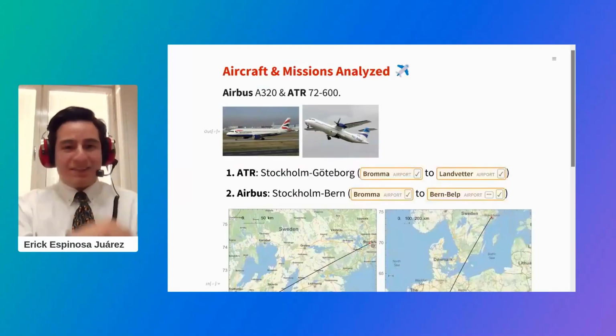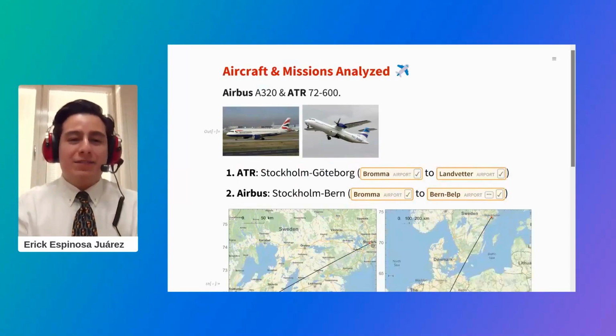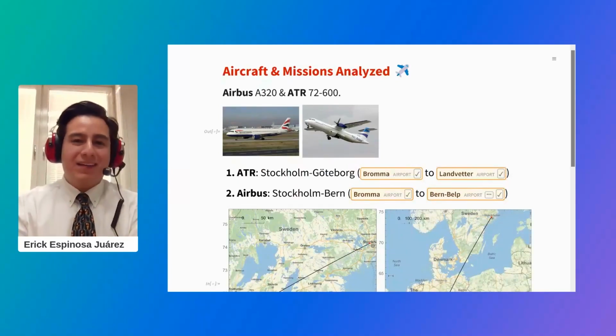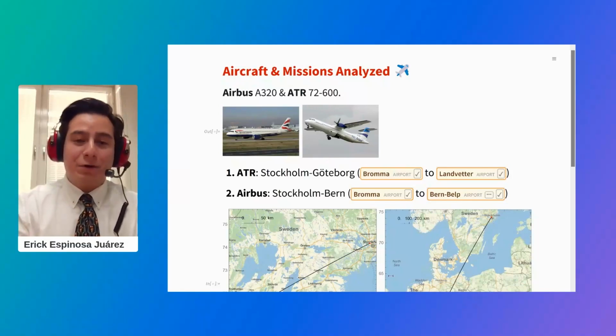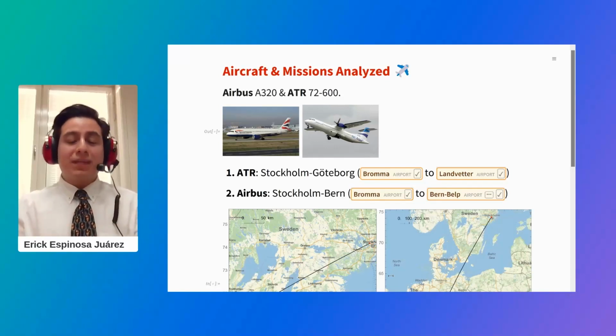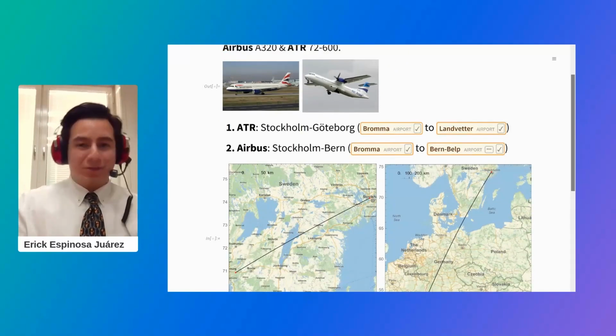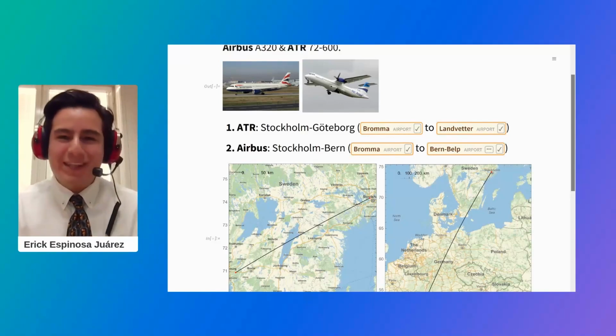The two airplanes that were analyzed are the Airbus A320, you probably flew in one of them, or the 737 from Boeing, and the ATR-72, which are these propeller-driven aircraft for shorter regional missions. And the two missions that were flown: for the ATR, Stockholm-Gothenburg, because of course the study is in Sweden.